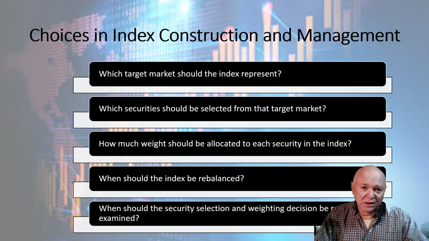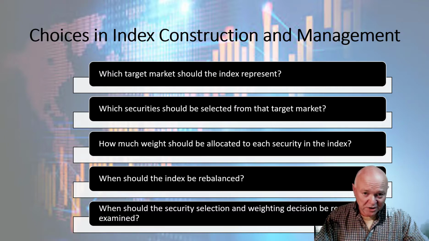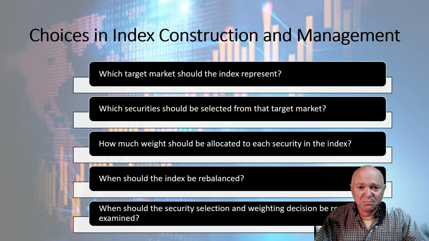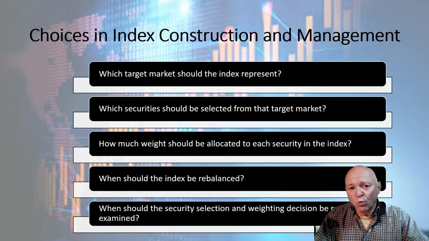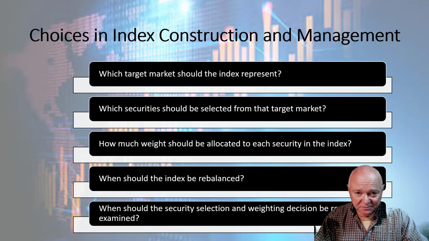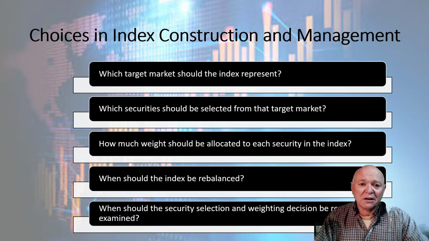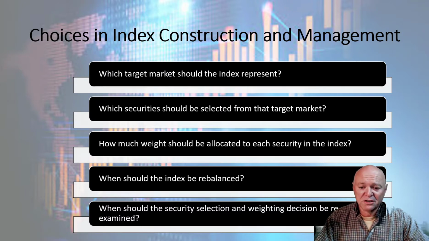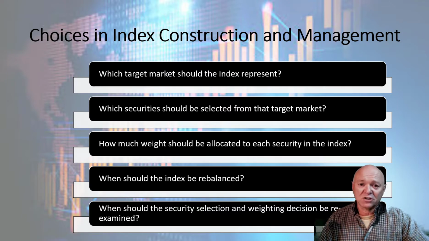How much weight should be allocated to each security? Will we weight them equally? Will we weight them by price, by market capitalization? How are we going to do that? What happens when the index needs to be adjusted, perhaps because one or two securities have become dominant within that particular framework? And what period should the security selection and the weighting be re-examined, perhaps reconstituted or reconstructed?